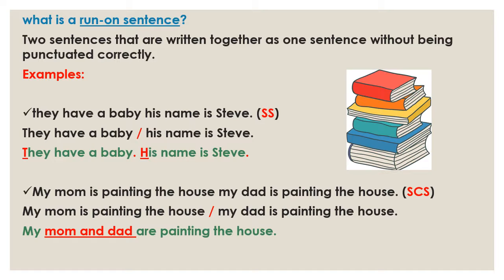My mom and dad are painting the house. And you're going to put an end mark at the end. Okay? So I changed it into a compound subject because that's what they are asking from me. You have to know what they are asking from you, and that's what you are going to change it to. Compound subject, mom and dad, two subjects together.